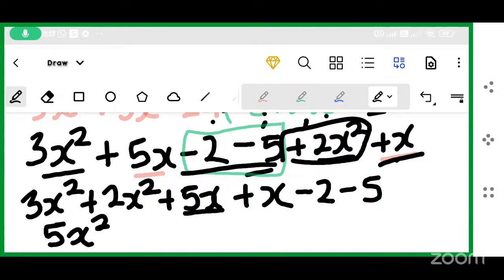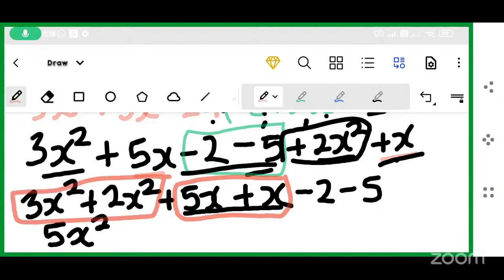Now we're dealing with these ones. 5x plus x equals 6x. Perfect. So it's going to be plus 6x. So what is negative 2 minus 5?